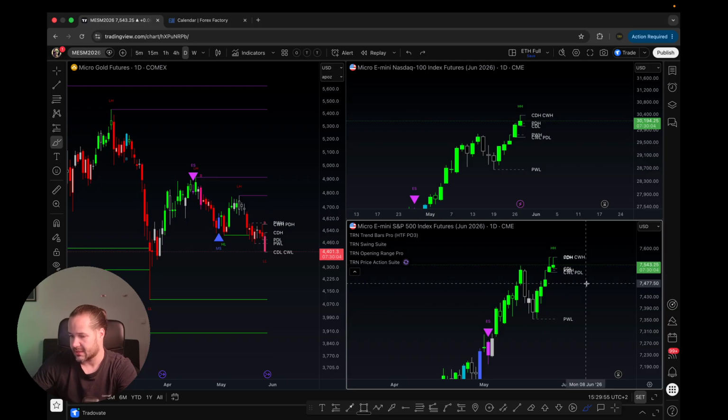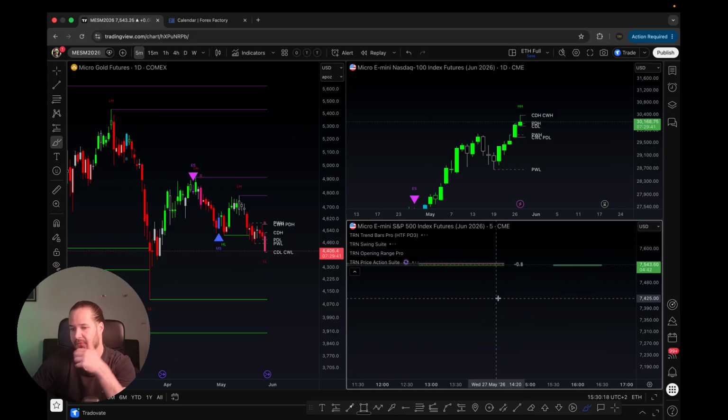Honestly, yesterday it was the same, NQ outperformed ES, and I wouldn't be surprised if it's the same today. So right now I would say NQ is the perfect candidate for longs, ES as well a good candidate, and gold definitely the right candidate for shorts.